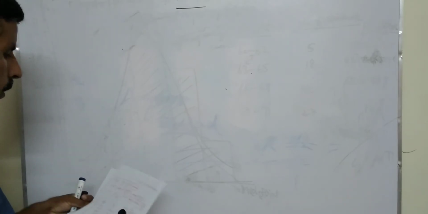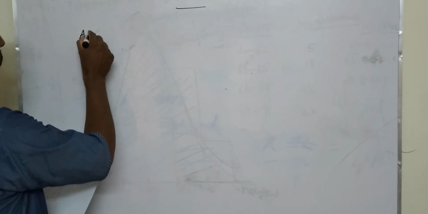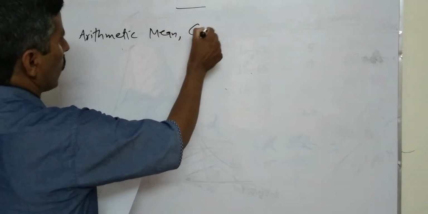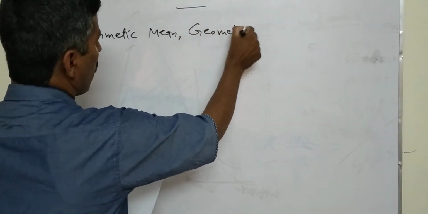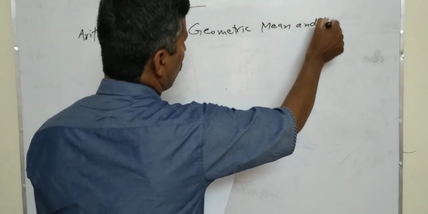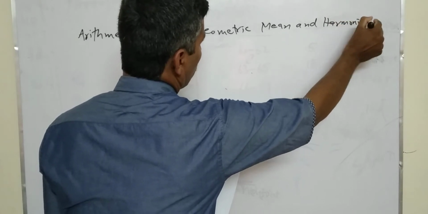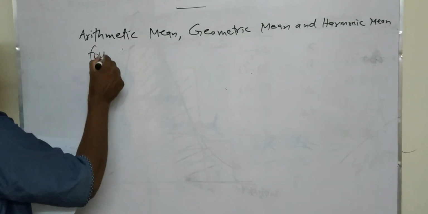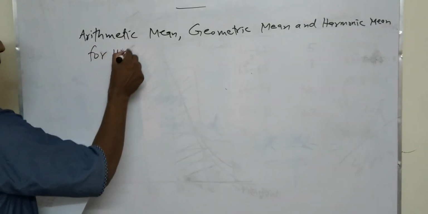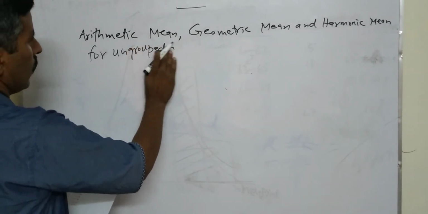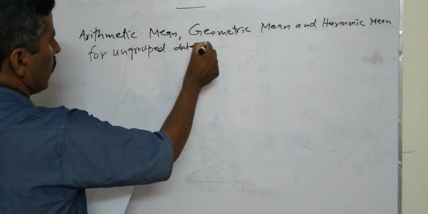So first you will find out arithmetic mean, geometric mean, and harmonic mean for ungrouped data set.